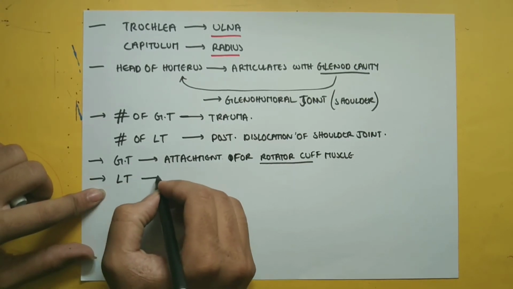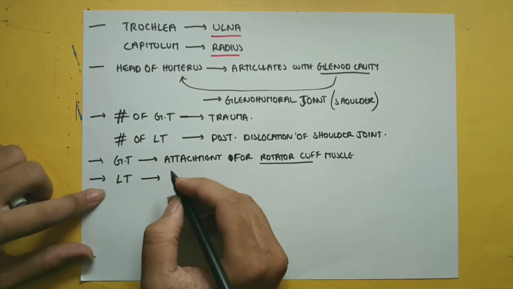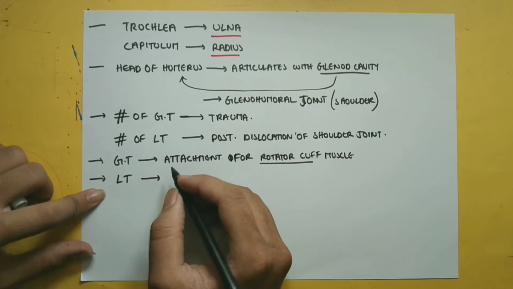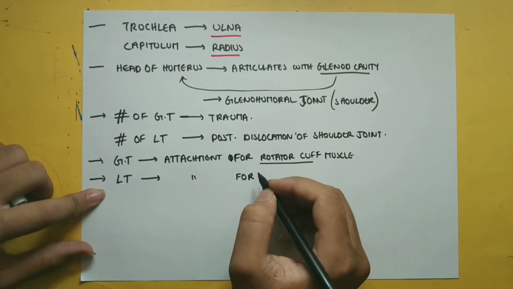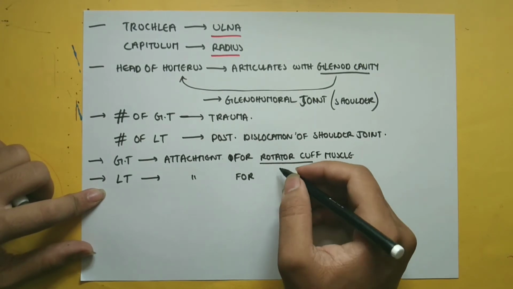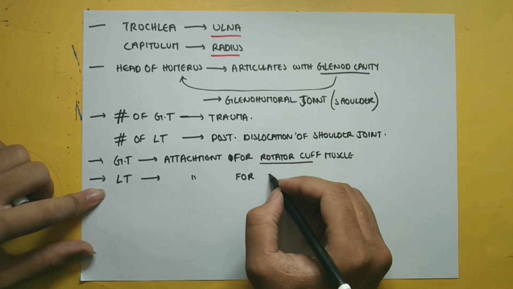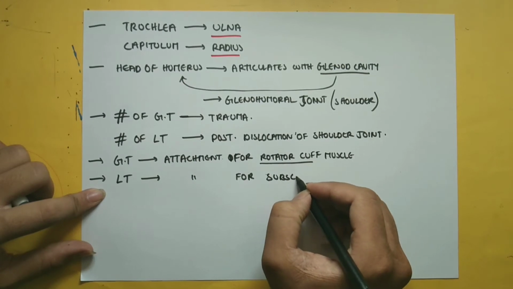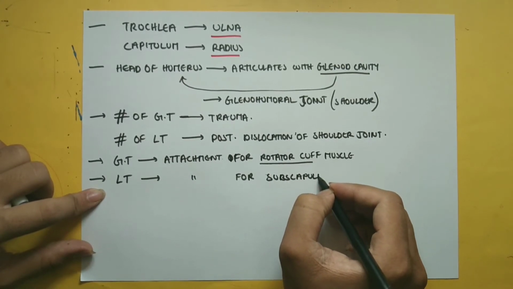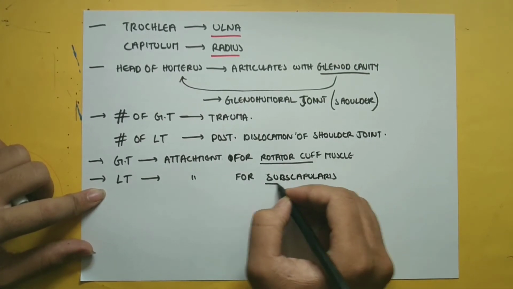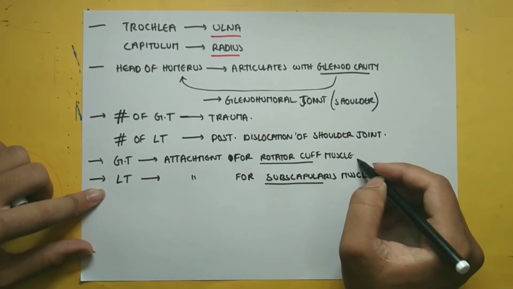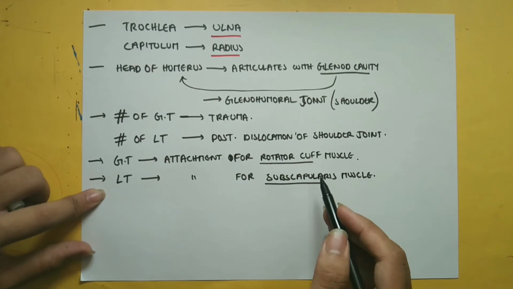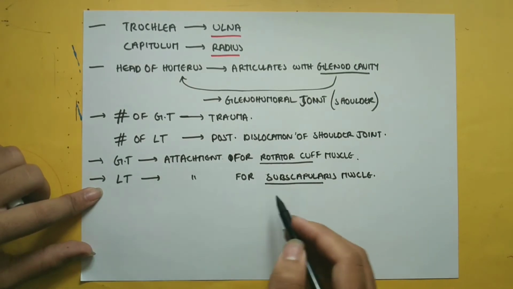And lesser tubercle also gives the attachment for muscles. Which muscles? Subscapularis. Just be thorough with these muscles and their attachments.